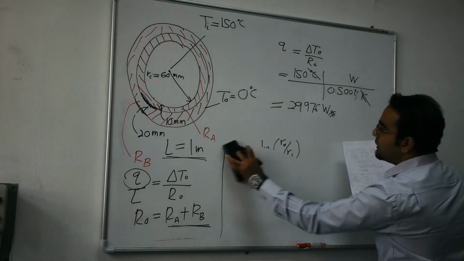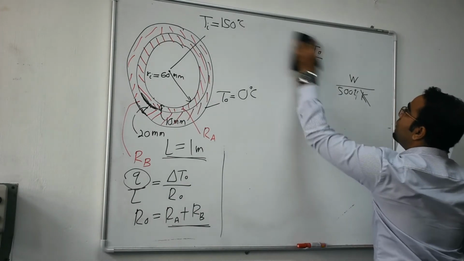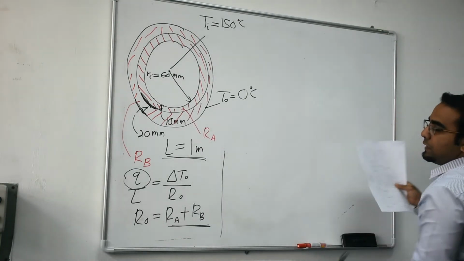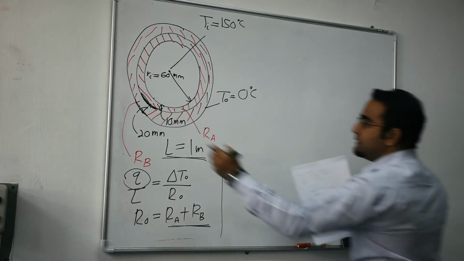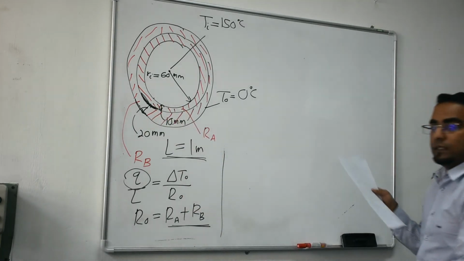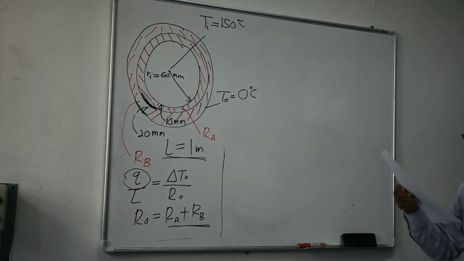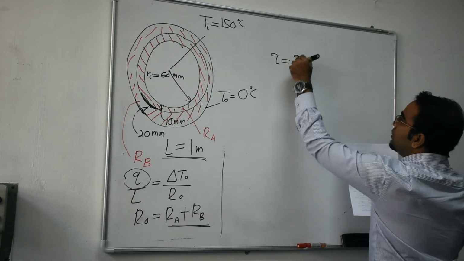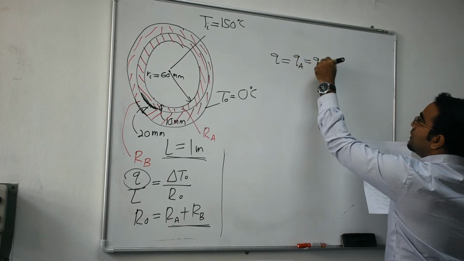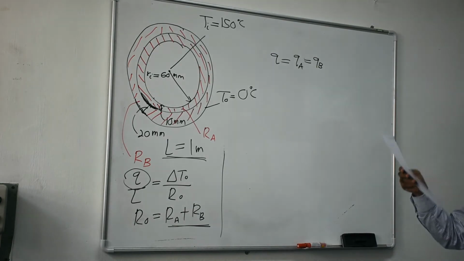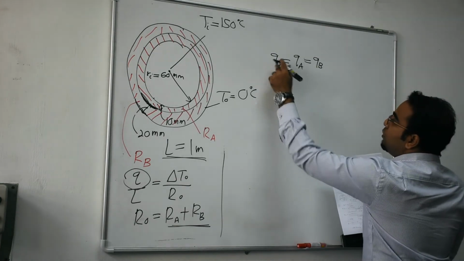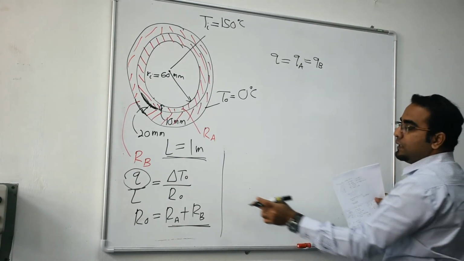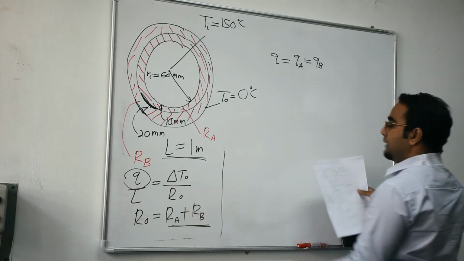The second part of the question is asking us to calculate the value of the temperature of the pipe outer diameter. So outside surface, so this temperature. So similar to what we did for our multi-layer wall, we can say that the Q overall is equal to QA is equal to QB. Okay, so we already know Q overall is equal to delta T overall over R overall, and QA is going to be delta TA over RA.